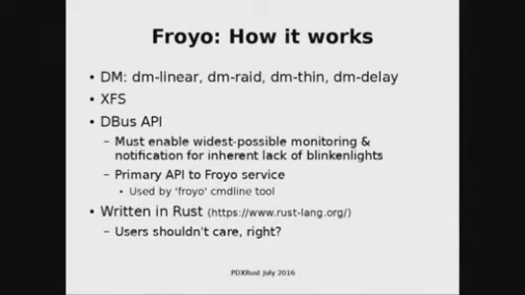On Linux, there's already a really awesome set of capabilities called Device Mapper, which lets you take a block device and divide it up into smaller block devices that you can use for whatever, or you can take multiple block devices and glue them together, or glue them together and have them provide redundant storage like RAID.